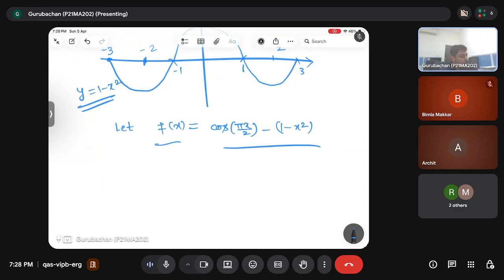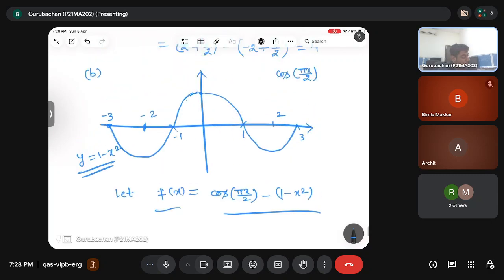So here, obviously at 1 and minus 1 the other curve is also 0, right? Now tell me, will the cos function behave more approaching to 0 or approaching to 1 quickly? Which one is faster?